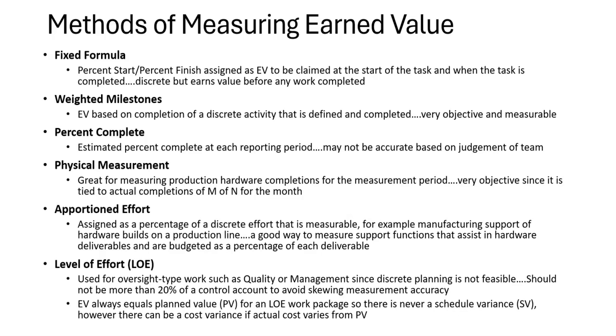And as you complete that hardware on the production side, you claim the earned value on the manufacturing engineering side that was allocated for each piece of hardware. So in the previous example, I completed 8 of 10 pieces of hardware for that month, and I will get the manufacturing support earned value for those same 8 pieces of hardware out of 10. So that is also objective because it's tied to something that's very discrete and measurable.